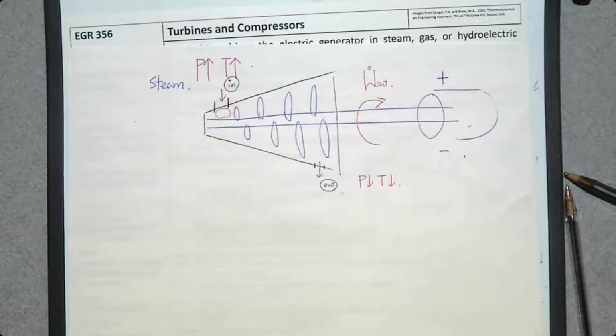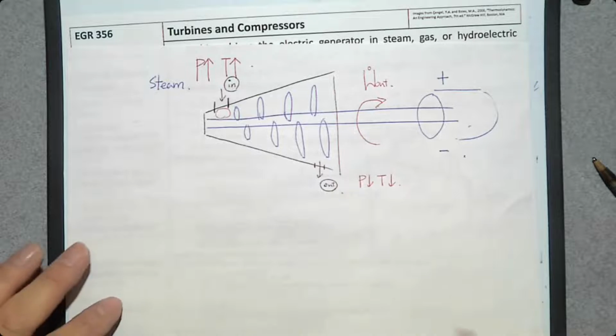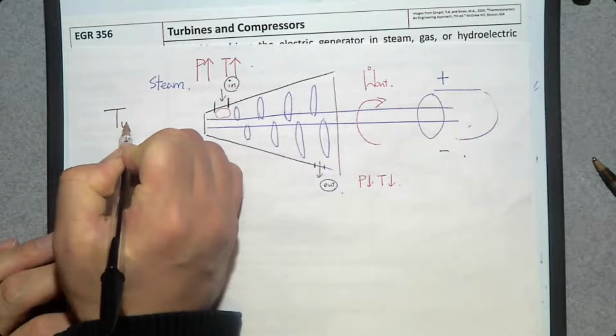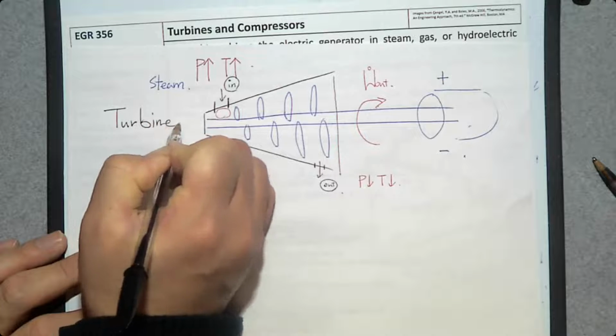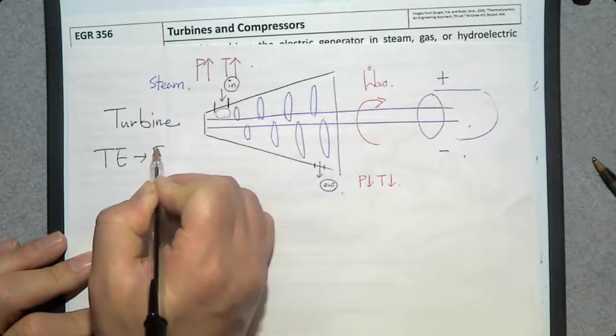So that's how we convert thermal energy into mechanical energy. Okay, so that's turbine. So in this turbine, thermal energy becomes mechanical energy.